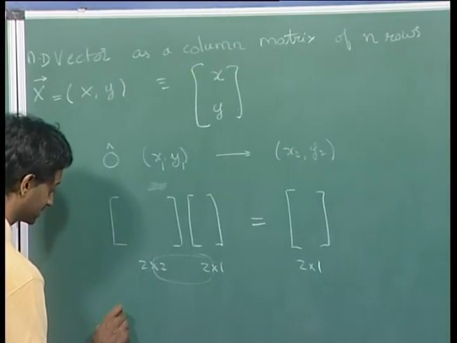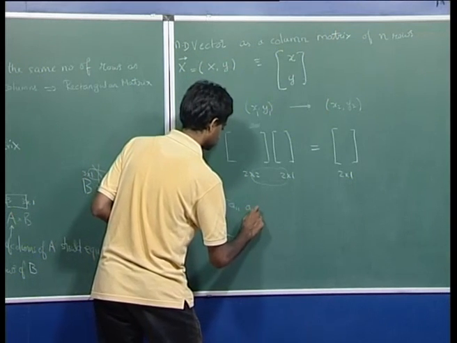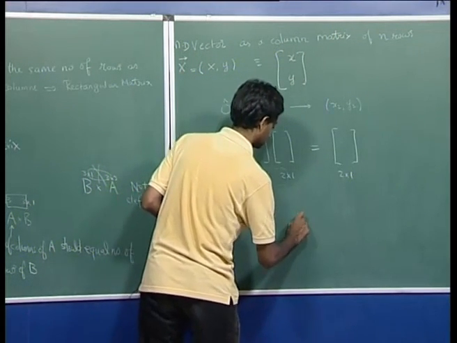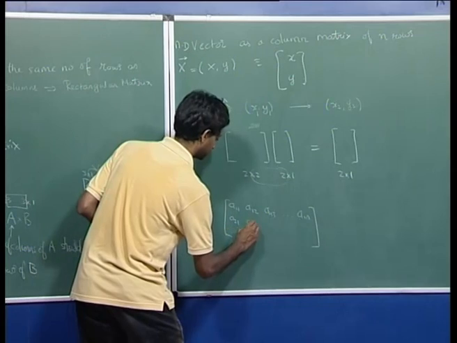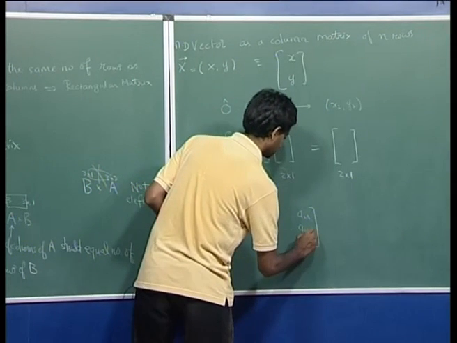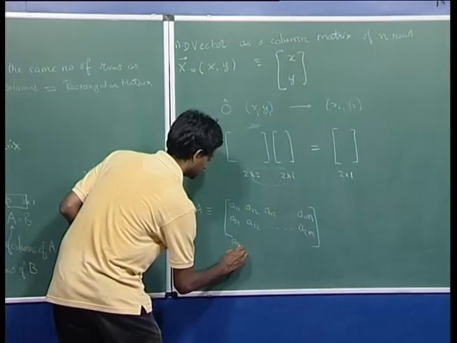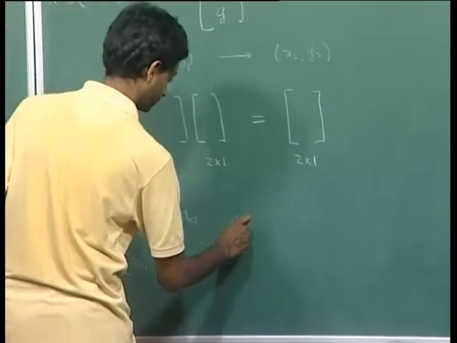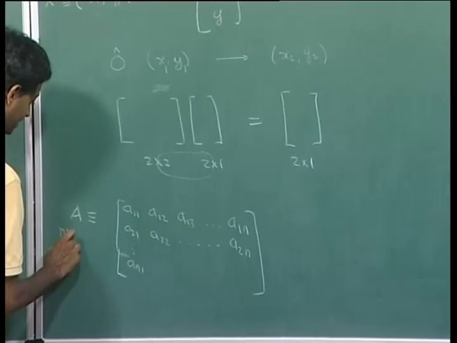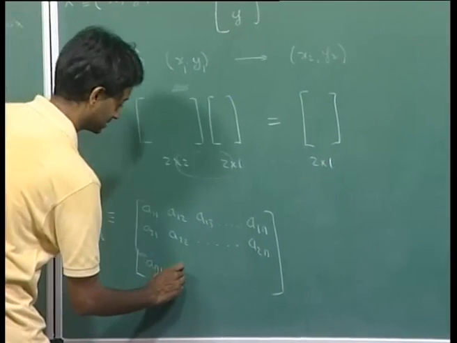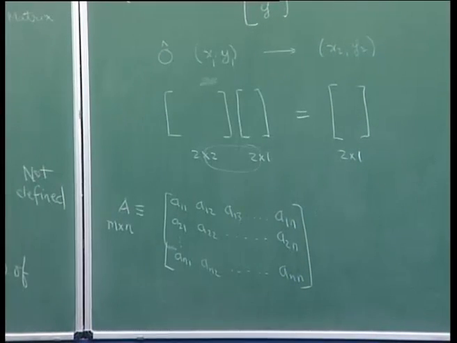Suppose I have a matrix A with elements A 1 1, A 2 1, or A 1 m, A 2 m, all the way up to A. So an m by n matrix has various elements defined in this way. Okay.